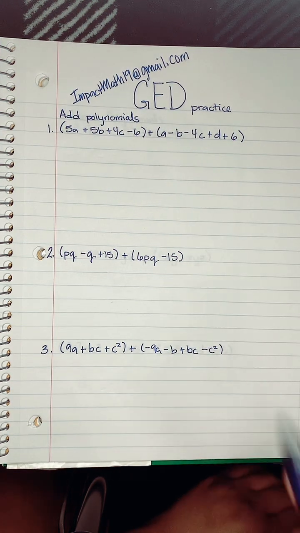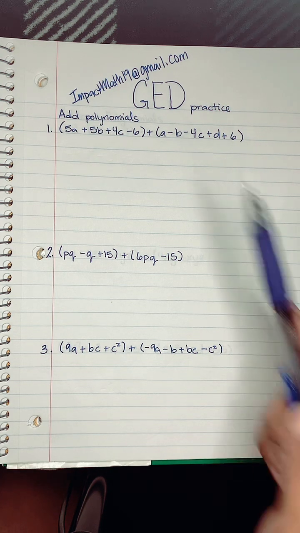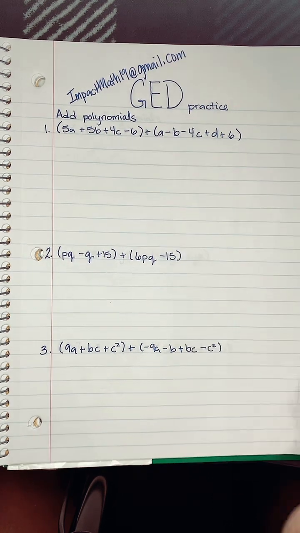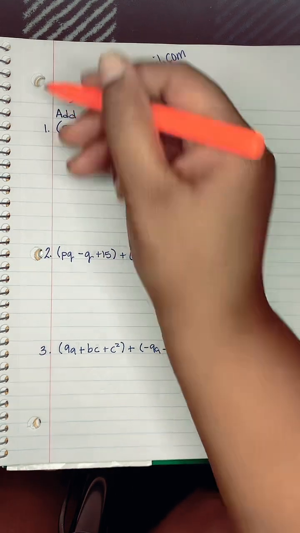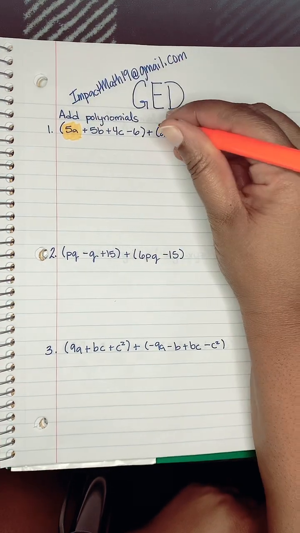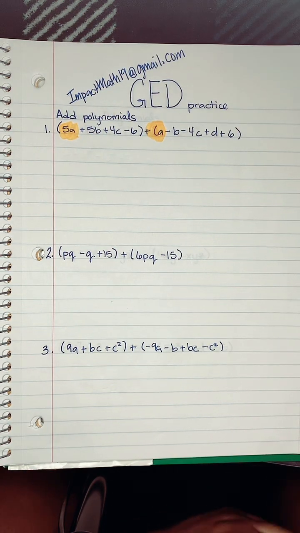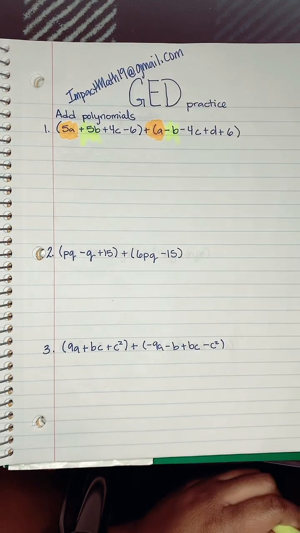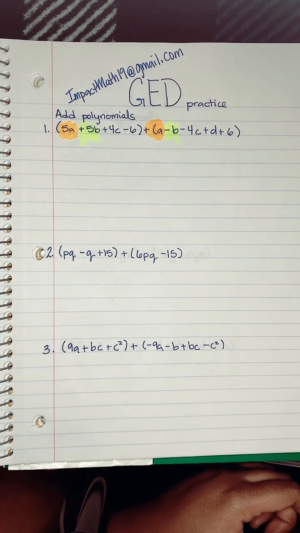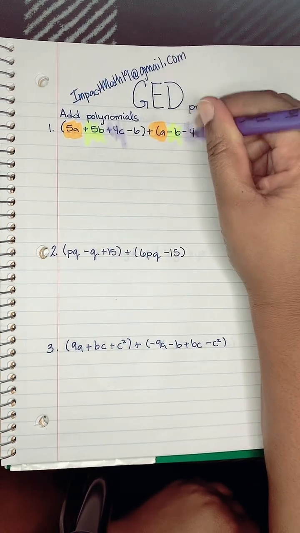All right. So let's do some adding. The good thing is when it says adding, all we're doing is combining like terms, really. So we have a 5A. We have another A here. We have plus 5B minus B. And then we have plus 4C minus 4C.